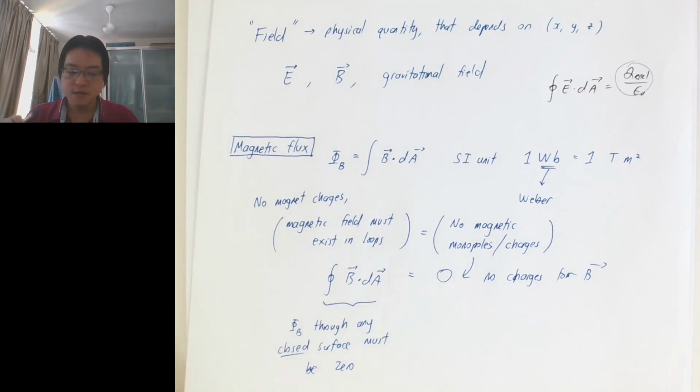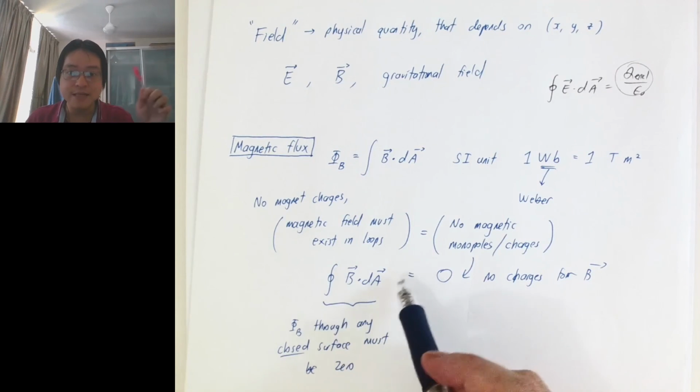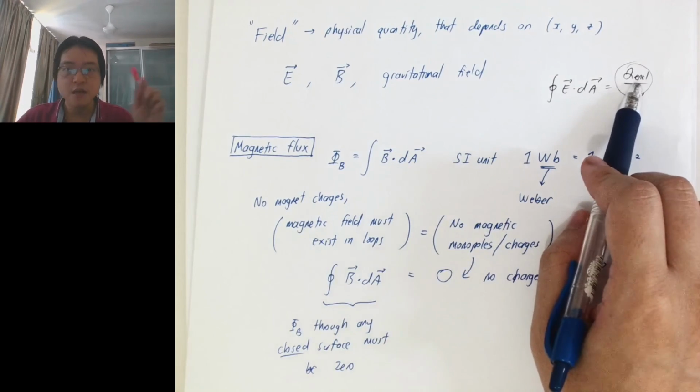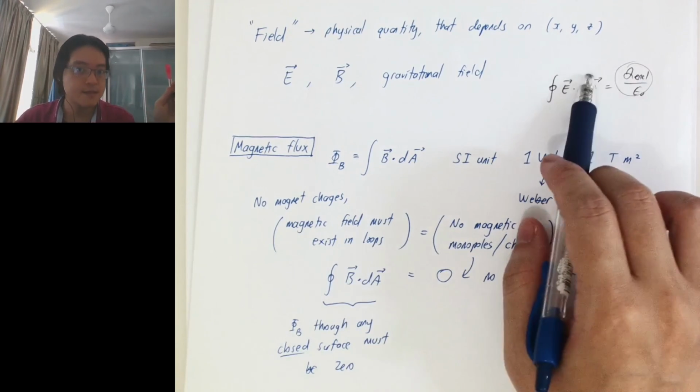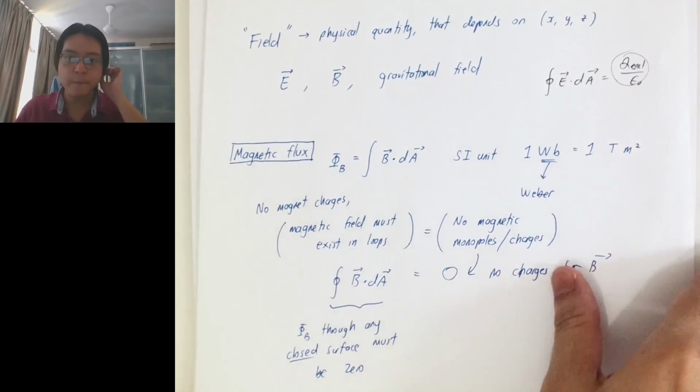The argument here is only because we have no magnetic charges. If we had magnetic charges, we would have a different law, just that we don't have. So that is the main issue about magnetic fields at the moment, and that is the introduction to magnetic fields.